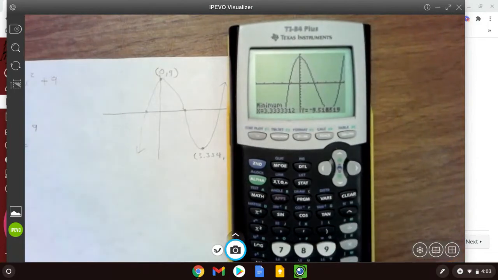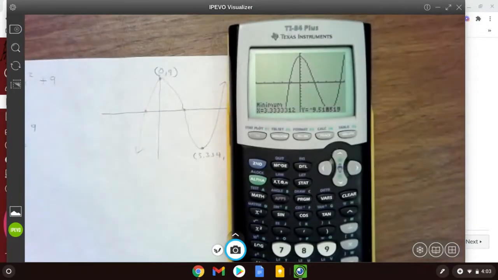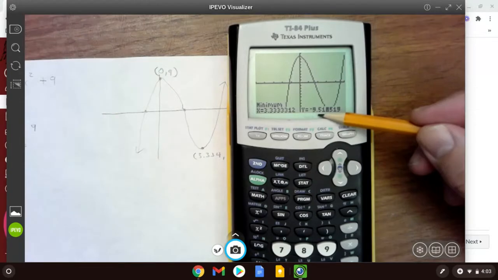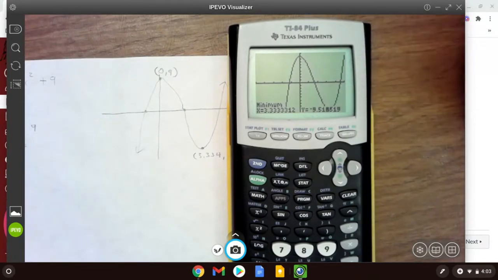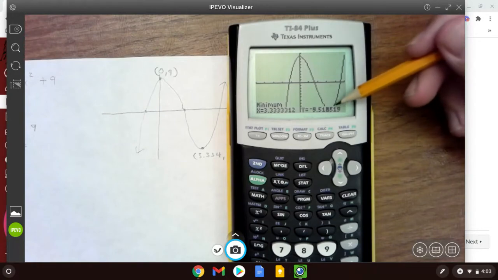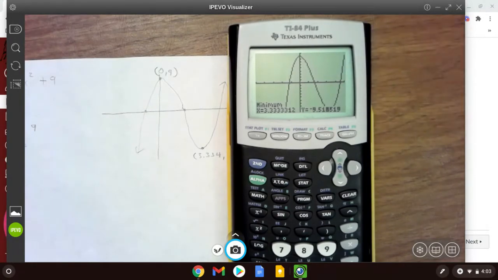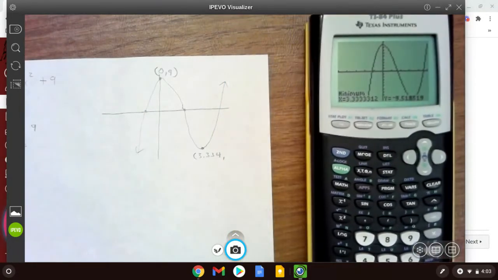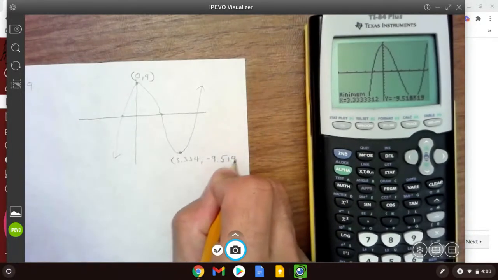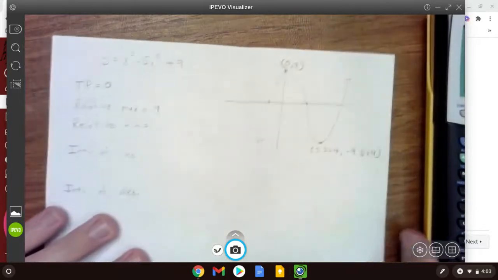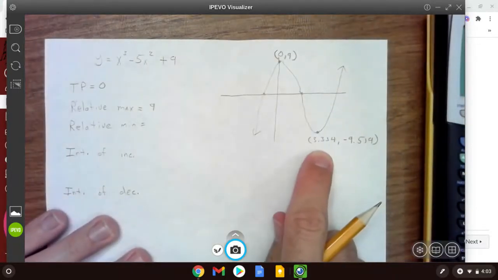It's a little better. So it's -9.519. That was an 8, but the 5 makes it round up to a 9. So -9.519. And so my turning point is that x value.